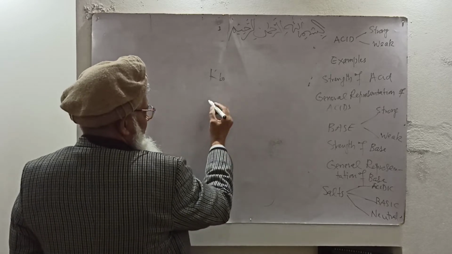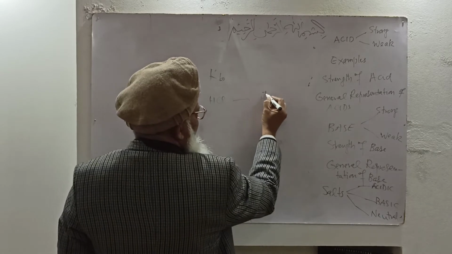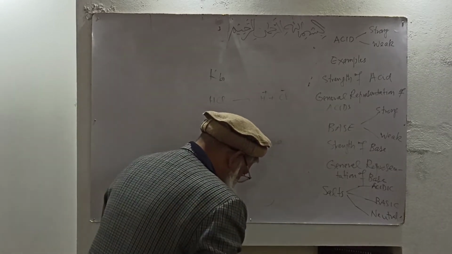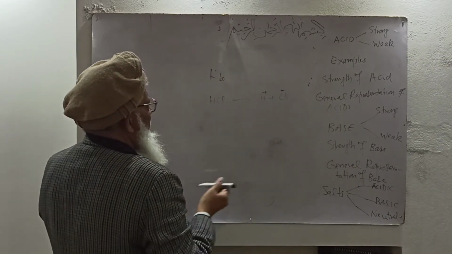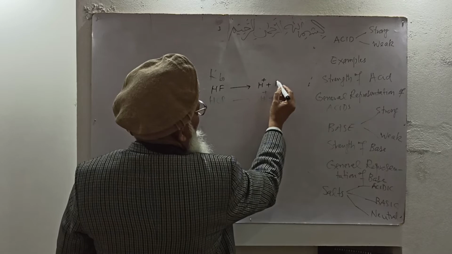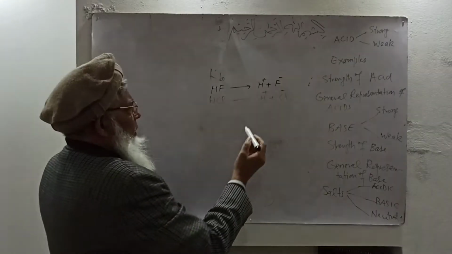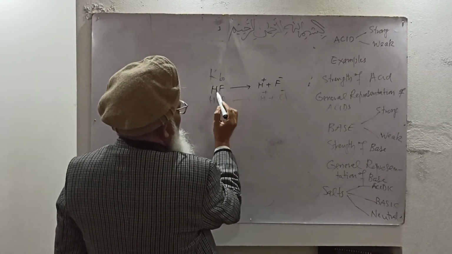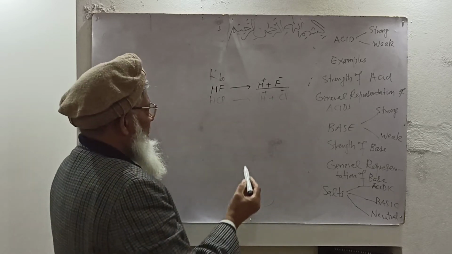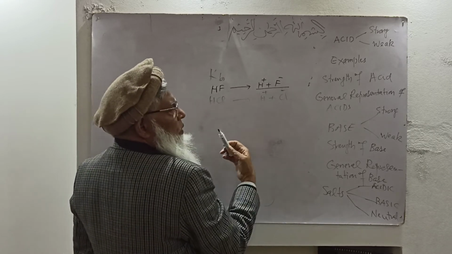Take any species, say HCl, when it is ionized into H positive and Cl negative. HF, when it is ionized, ionizes into H positive and fluoride F negative. This acid on dissociation is converted into two moieties, one positive ion, the other a negative ion. The strength of this acid depends on its conjugate acid and conjugate base.